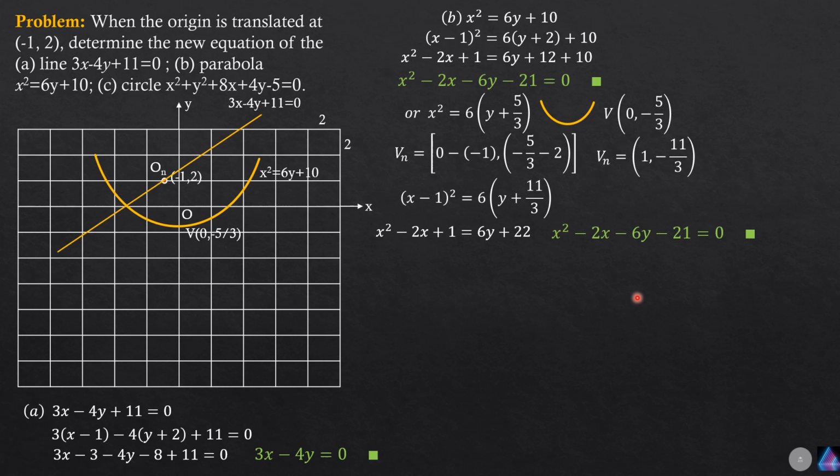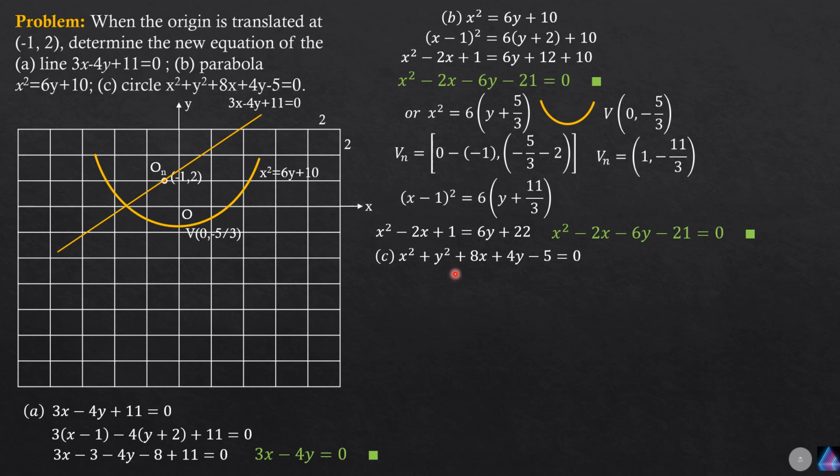Then finally, for a circle, x² + y² + 8x + 4y - 5 = 0, the new coordinates of the center would be... we have to complete the square.